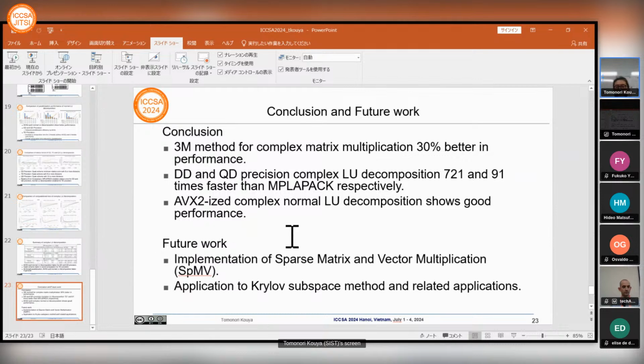Simulated complex normal LU decomposition shows a good performance overall. And as future work, we will implement sparse matrix multiplication and matrix-vector multiplication, and apply them to other related algorithms. Thank you for your attention.